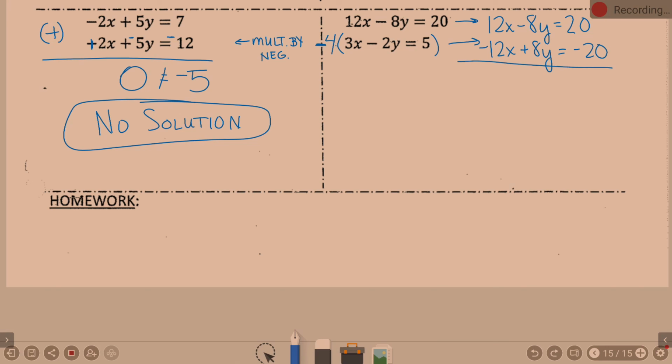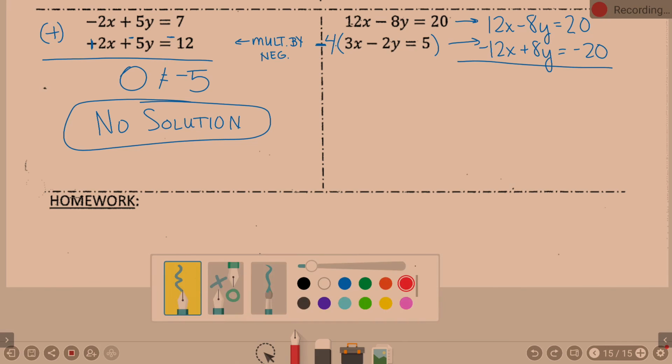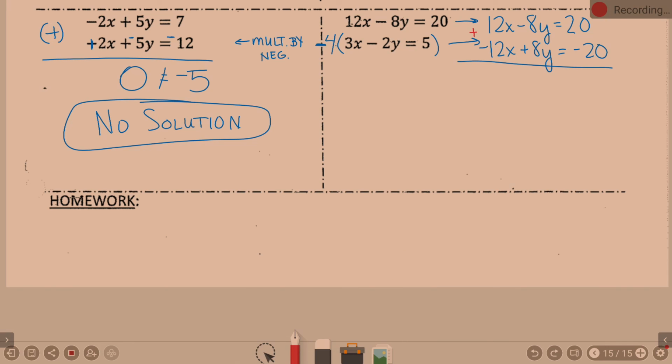But negative everything cancels out. When I go to add these two equations, 12x plus negative 12x is 0. Negative 8y plus 8y is 0. 20 plus negative 20 is 0. So there's no y and no x left.